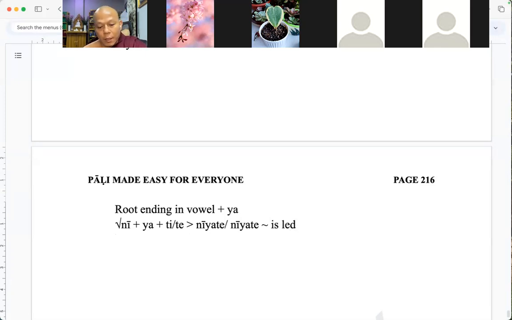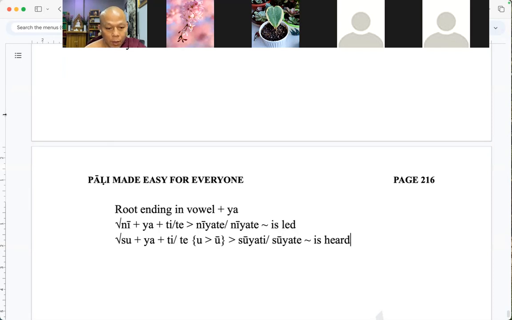But for the other one, root su and then ya and then d or d, the vowel u of root su becomes long: suyeti or suyedi. In this root su means hard.